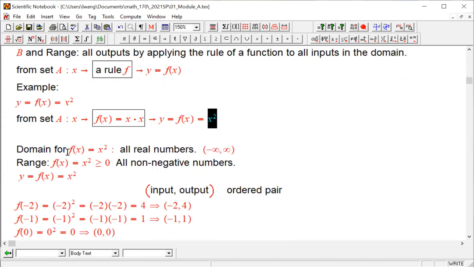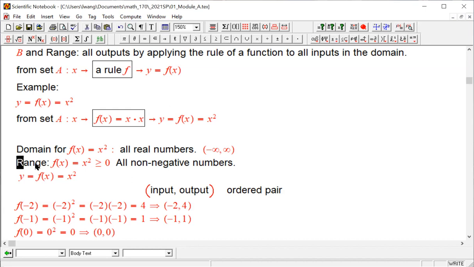So now when we think of all the possible numbers this rule can be applied to, which is a number times itself, that is all real numbers. Therefore, the domain for f of x is all real numbers. Consequently, by applying this rule to all real numbers, any number times itself is always going to be positive or zero, which is all non-negative numbers.